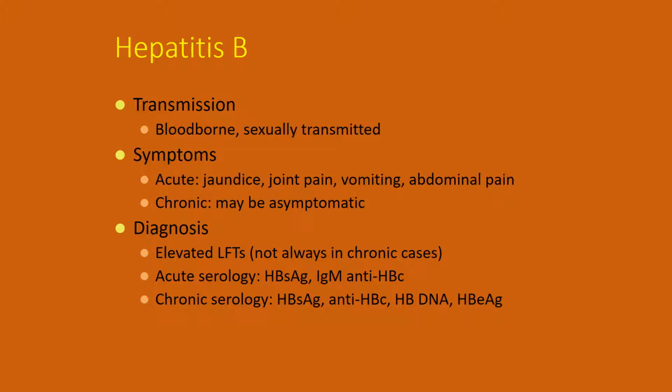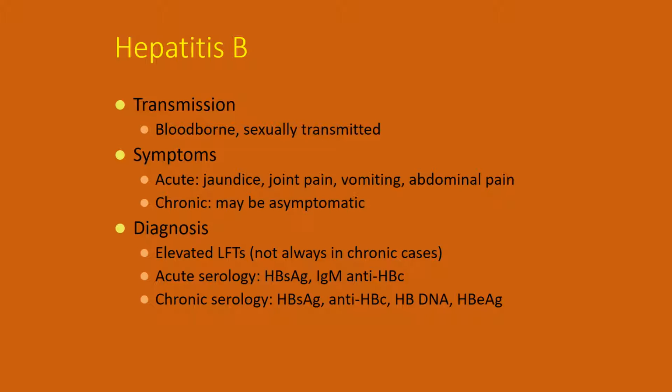If someone is chronic, they may not have any symptoms until the hepatitis B causes enough damage to their liver that they become cirrhotic or possibly develop a liver cancer. So if you have someone who has elevated liver functions, you could think about doing hepatitis B testing. The acute serology is the surface antigen and the core antibody test, specifically the IgM core antibody.